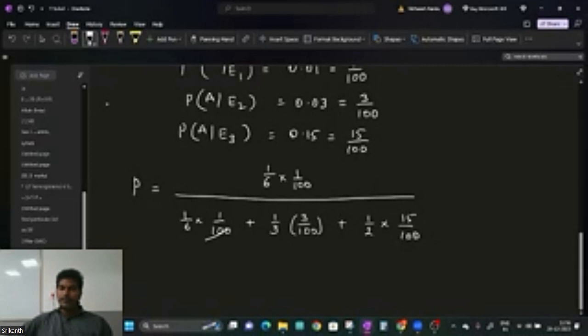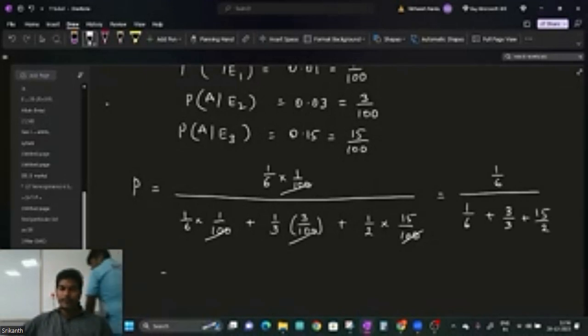Overall, you can cancel this 100 in the denominators. 100 you can cancel. And don't cancel anything else. 1 by 6 divided by, what is left? Just write down 1 by 6 plus 3 by 3 plus 15 out of 2. So in the denominators also, the LCM will be 6.